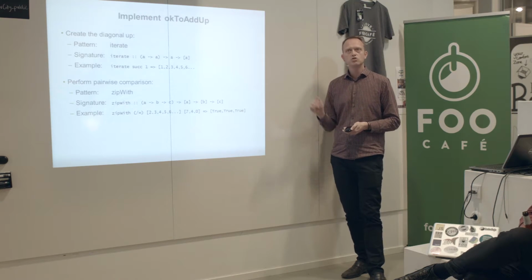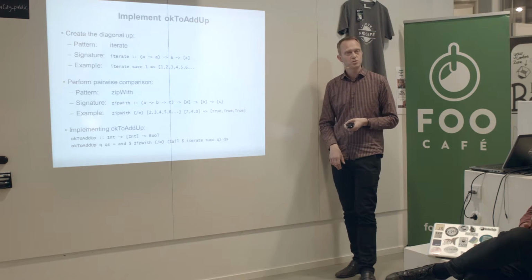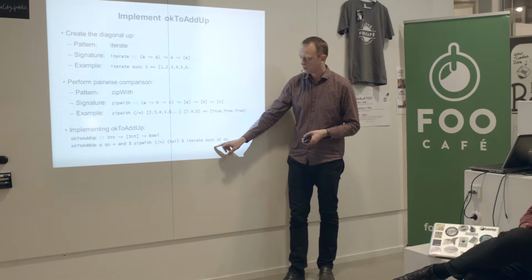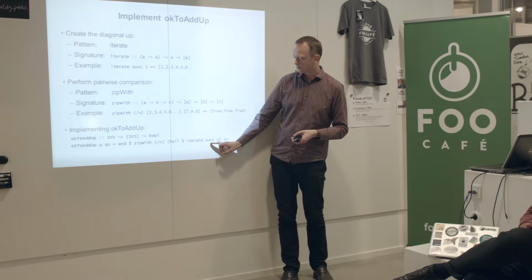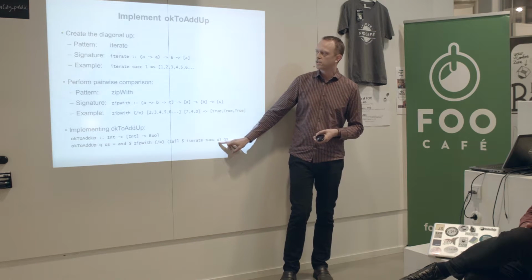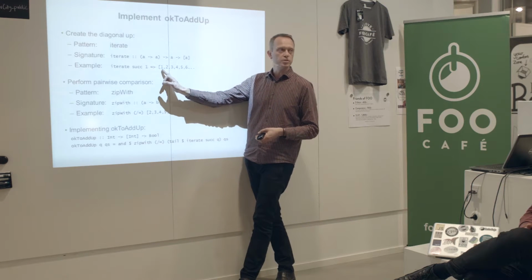So if I combine these 2 patterns, I will get this implementation. So let me just repeat what this actually reads. Here, I'm creating a diagonal. I'm iterating the successor function on my queen position. This creates a diagonal. Then I'm doing tail on this. And that is to remove this first element, which is the queen position itself.